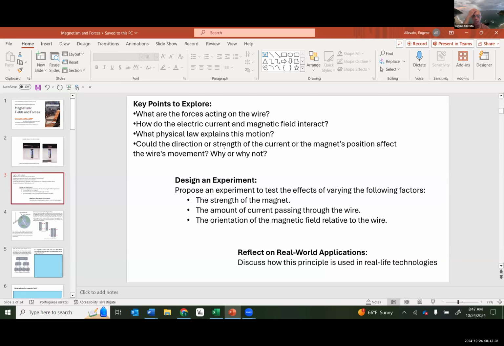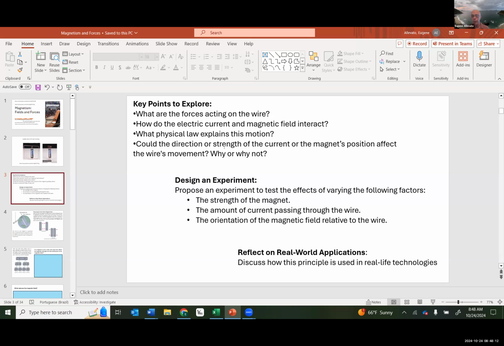So key points to explore here: when something is moving, it implies that there must be some forces acting on the wire, right? The wire is free to move. It's like a cart sitting on a desk. If we don't apply any force to it, Newton's first law, remember, if there is no force being applied to this object sitting on the table, the object is not going to move at all.